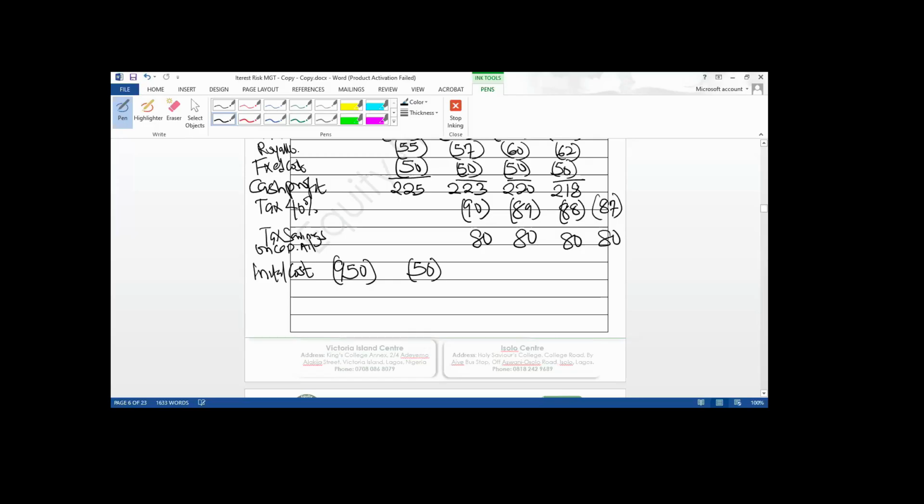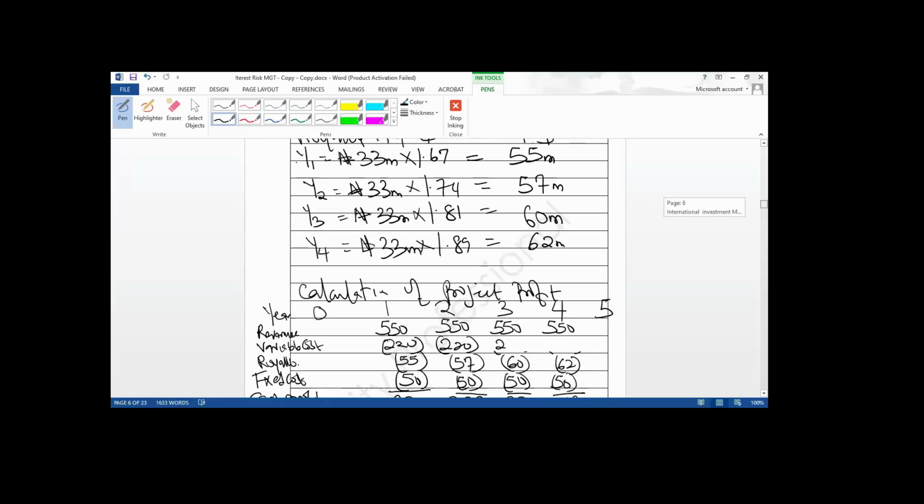That's what the question says. The total will give you 1 billion. All figures are in millions. Look at it here, please.